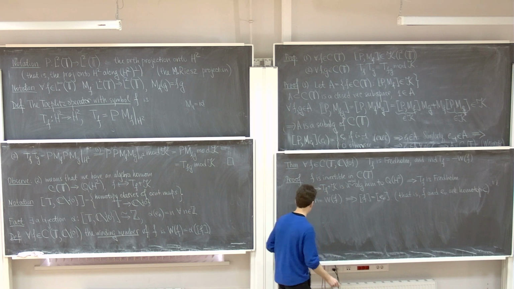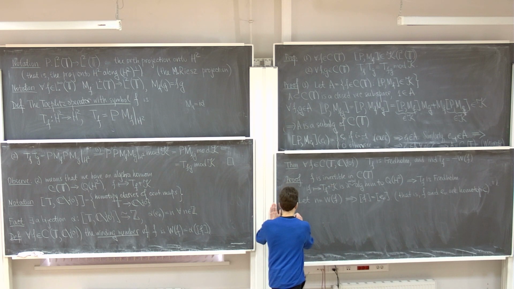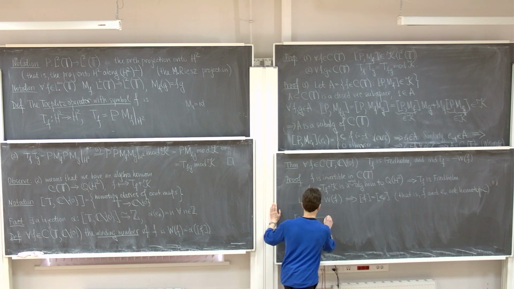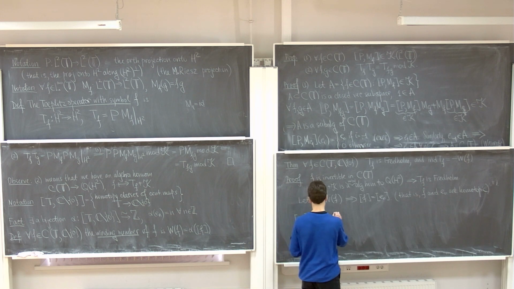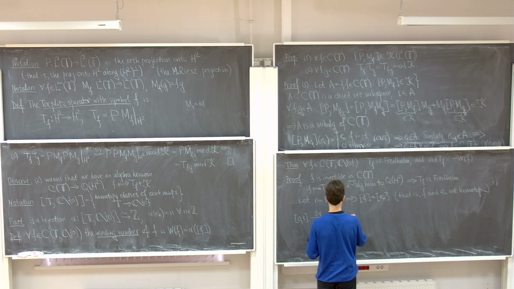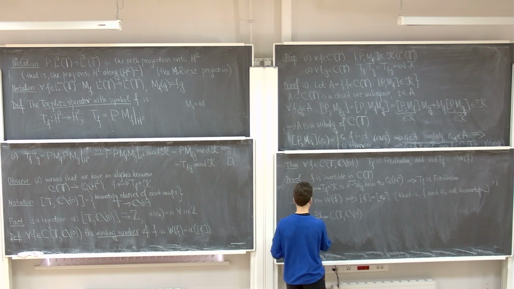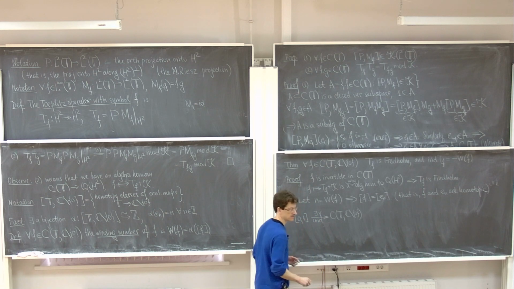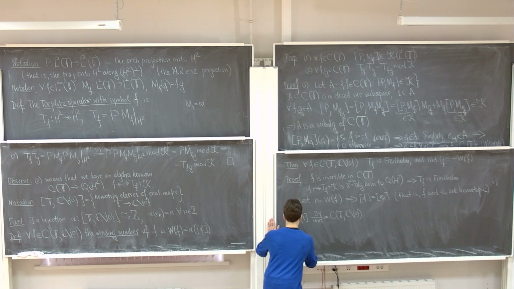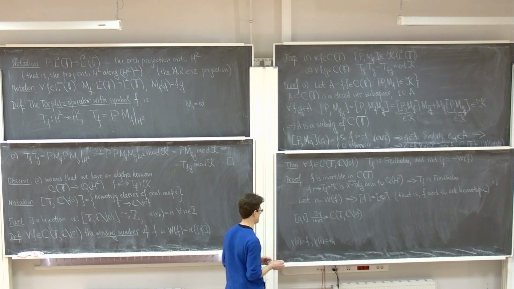And let's now draw the following picture. Since they are homotopic, we can find a continuous path gamma in the space of all non-vanishing continuous functions on the circle, such that gamma connects f with e_n. This is a homotopy between f and e_n.